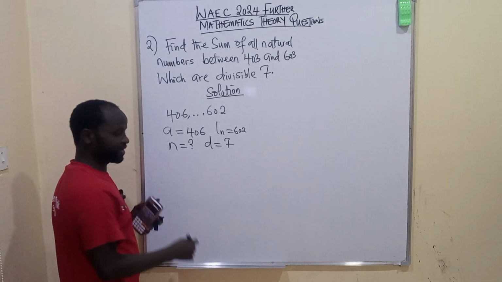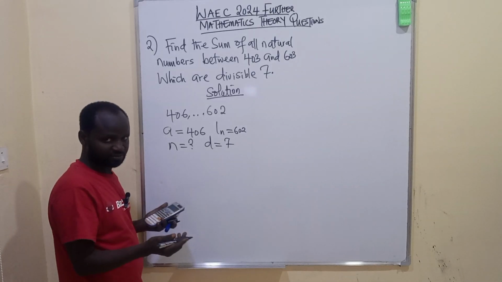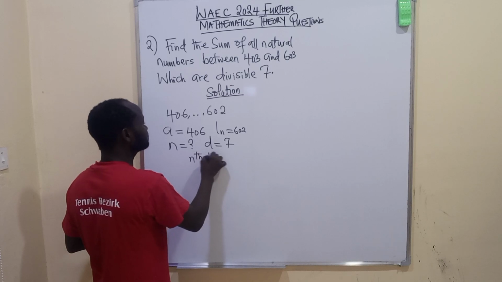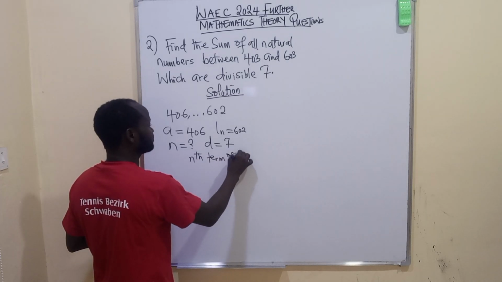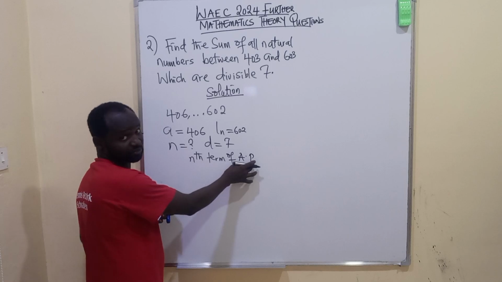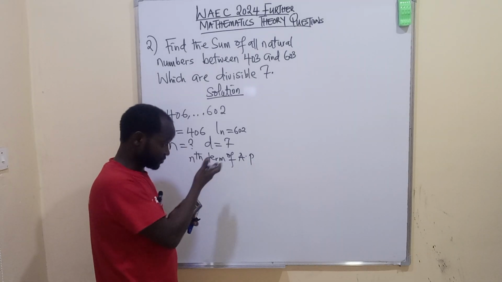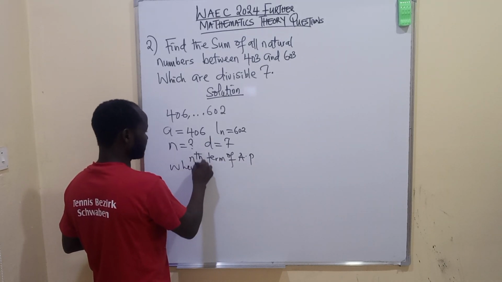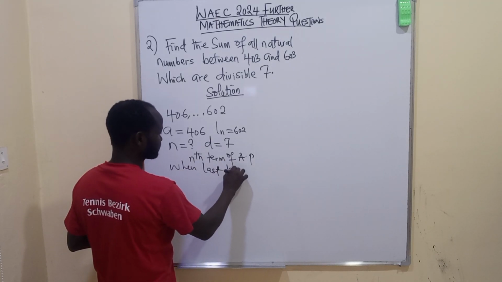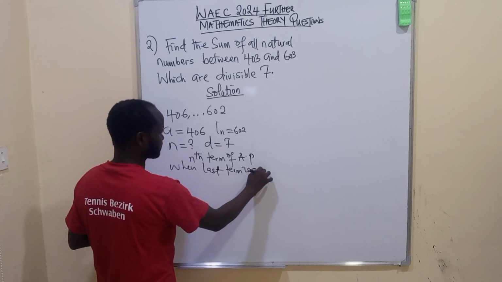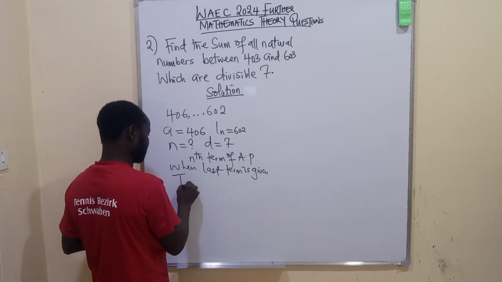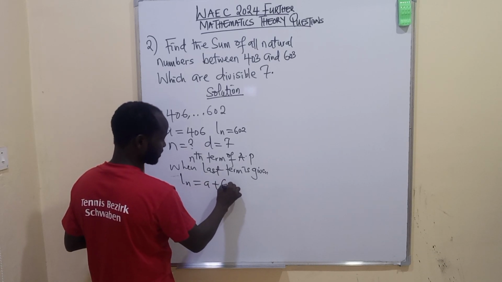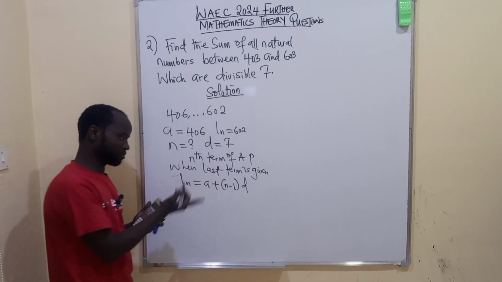Okay, so we can use the nth term of arithmetic progression when the last term is given. Nth term of AP, for arithmetic progression or linear sequence, when the last term is given, L equals A plus (n minus 1) times D, the common difference.